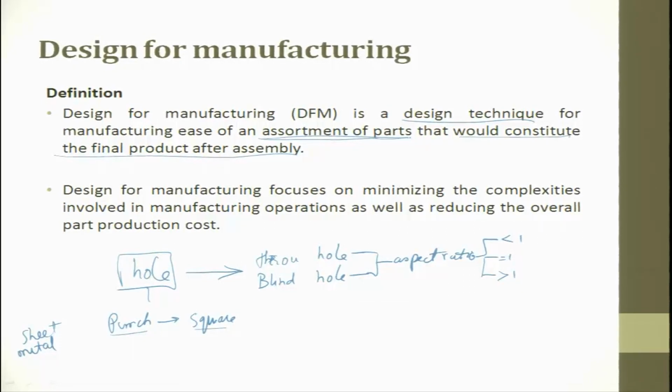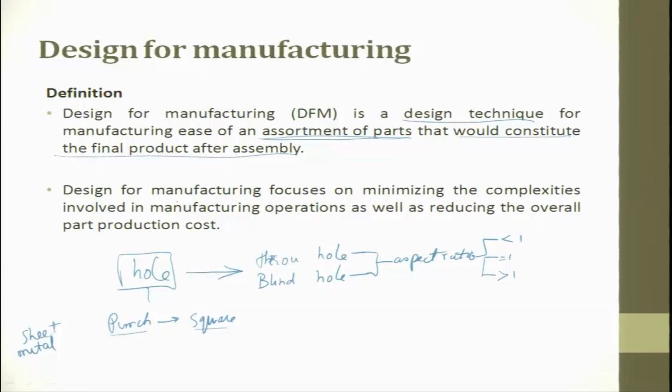So, we are not talking about a single part becoming a product. DFM cannot be used in a big way, you cannot enjoy more of DFM. If you have several parts put together, a sub-assembly, several sub-assemblies put together as an assembly, so assembly means a product, then you can think of enjoying the advantage of using DFM.